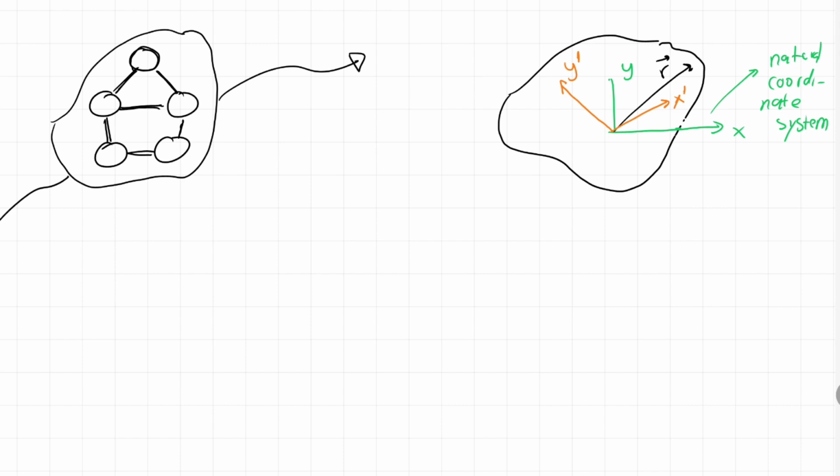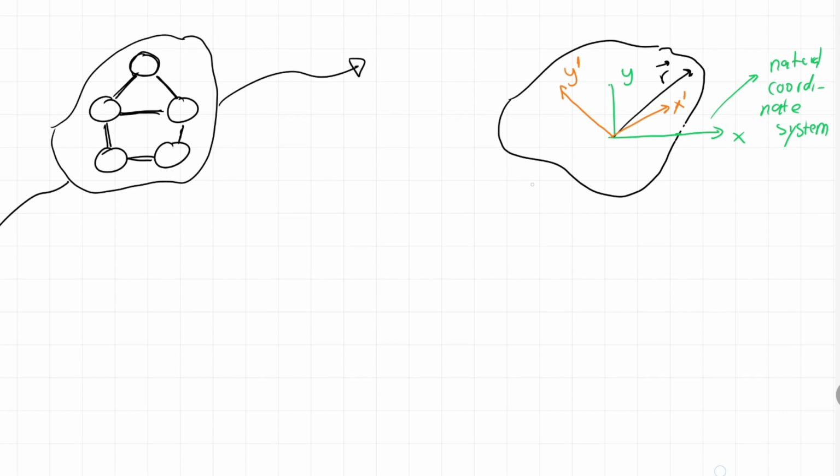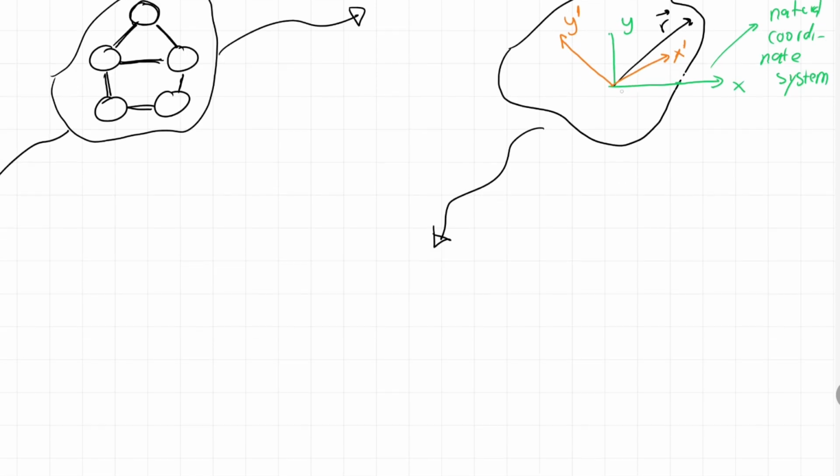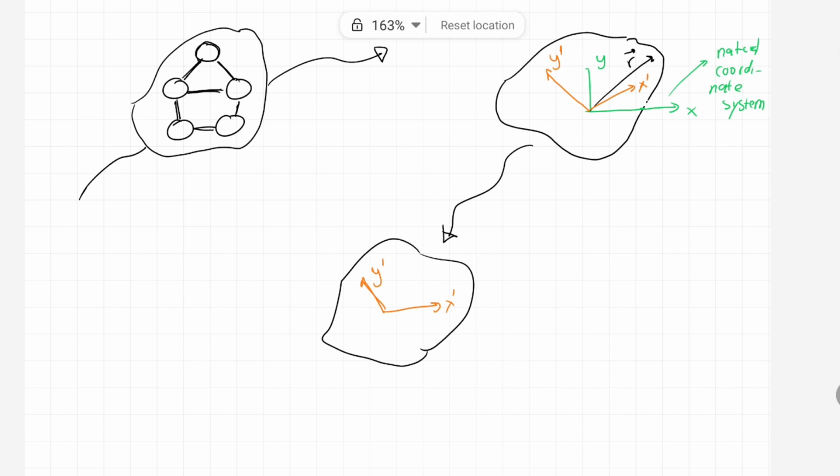But the thing here is that when the rigid body is moving, this coordinate system will stay in this position, but the orange coordinate system, the prime coordinate system, will be moving with the rigid body, because it is fixed to the rigid body. Perfect. This will be very important for what we want to explain here.